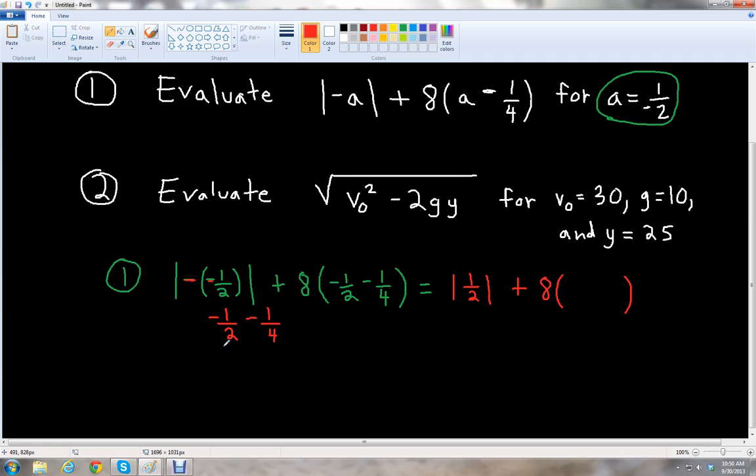The least common denominator of 2 and 4 would be 4. We know 2 times 2 is 4, so we'll multiply the top and bottom by 2 in this fraction so we can get the common denominator. That would be 2 times negative 1, which is negative 2, and 2 times 2 is 4. So we have negative 2 over 4 minus 1 over 4.